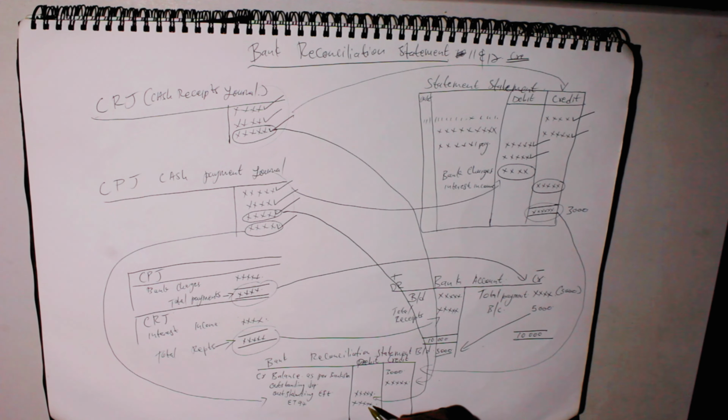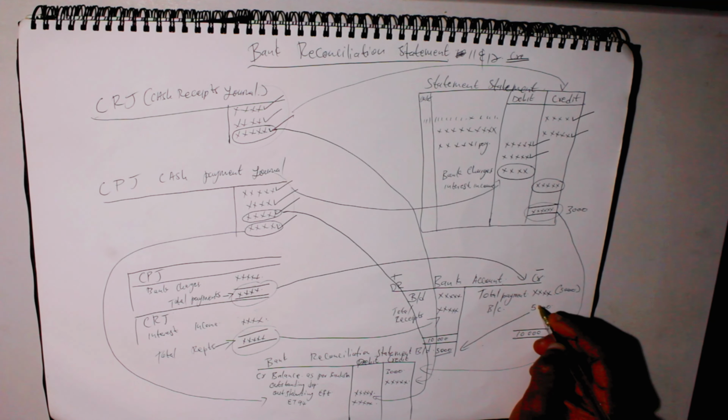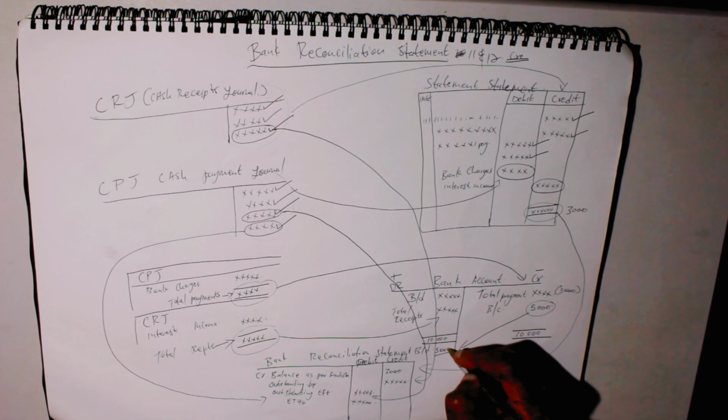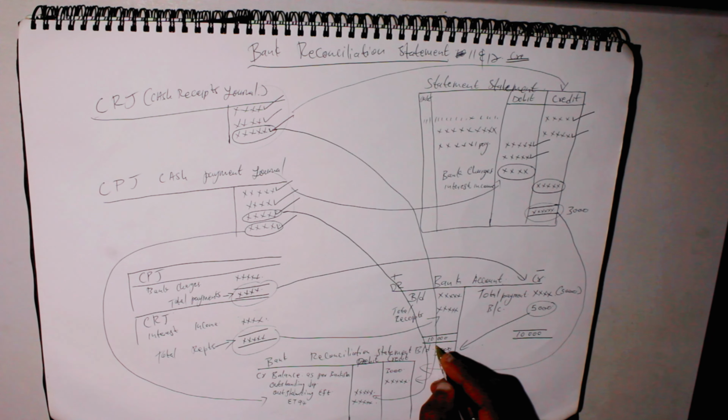So the last part now will be the balance that we managed to get from our bank account. What is the balance in this case? The balance in this case is 5,000. It's the new balance. As you can see, it is on the debit side. Are you with me?